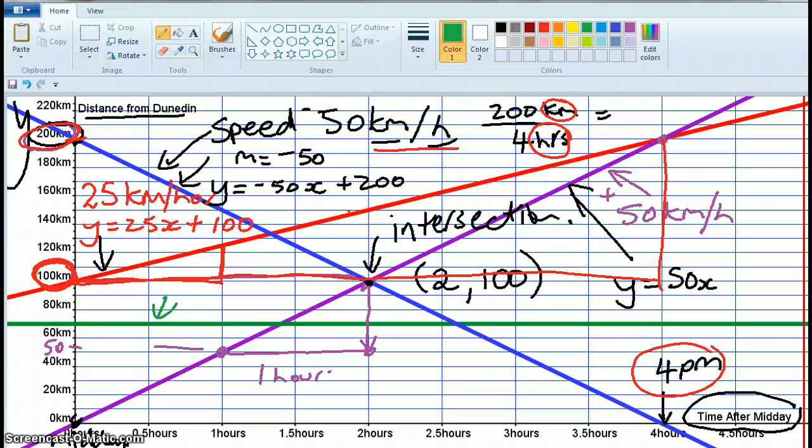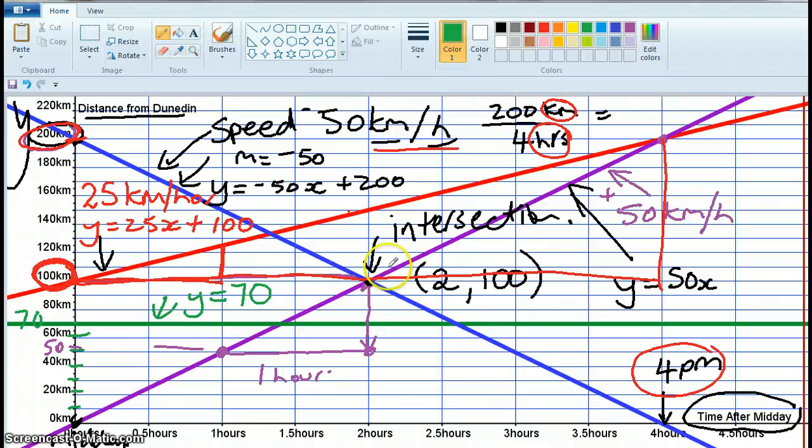It's not moving. So its speed is 0. So we could go y equals 0x, so 0 times x is going to disappear, plus, that's actually 70, isn't it? 0, 10, 20, 30, 40, 50, 60, 70. So y equals 70. Okay, doesn't matter what x is, y equals 70. So this train is sitting 70 kilometres away from Dunedin, going nowhere.